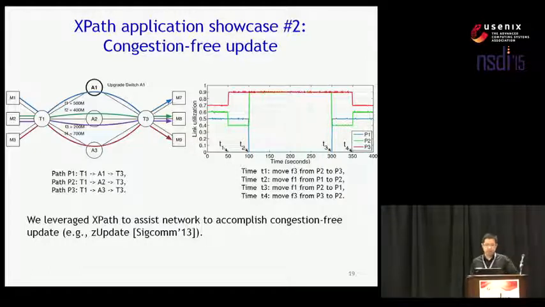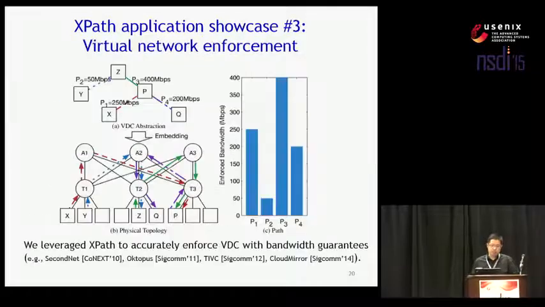In the first example experiment, we leverage XPath to accurately enforce virtual data center (VDC) with bandwidth guarantees. I will skip the details of this experiment, which basically show that with XPath we can accurately do the VDC embedding.